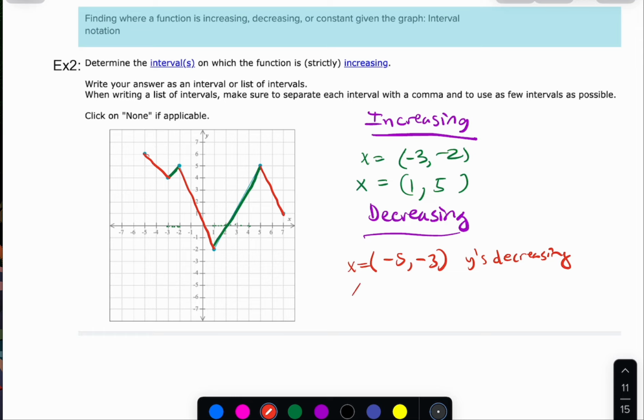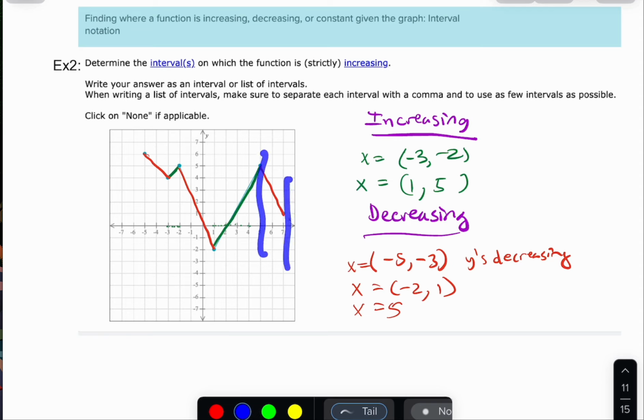And then we can go from an x value of -2 to an x value of 1. They're decreasing. And then from an x value of 5 to an x value of 7, the y's are decreasing again. There are no constant sections of this graph. It's either going uphill or downhill.